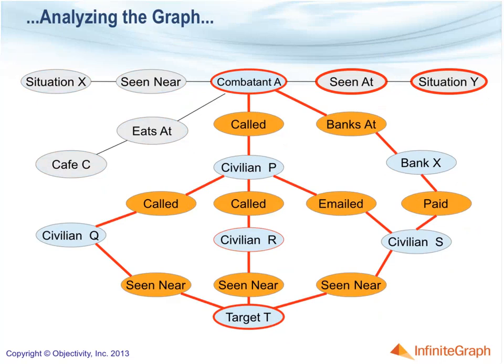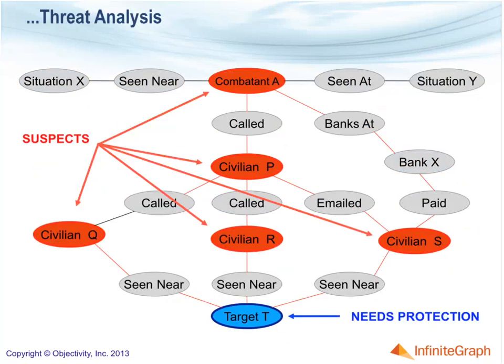See the red lines there? What we're looking at is a bunch of people who are now suspects. And target T, if it wasn't already well protected, needs protection, or it needs extra protection. We have to be extremely vigilant, particularly in looking for any of these 5 people being close to this place.